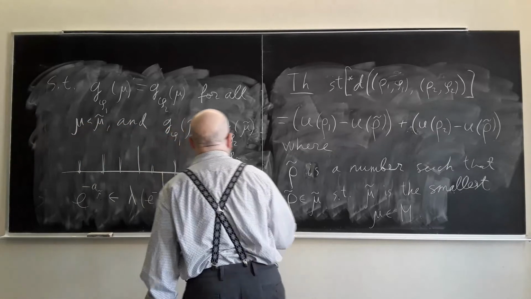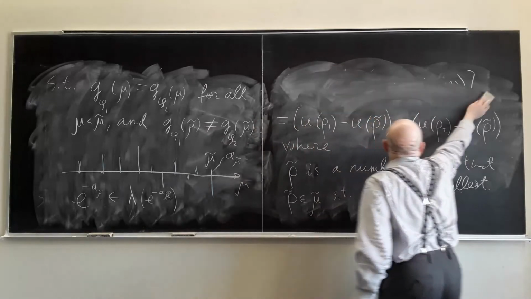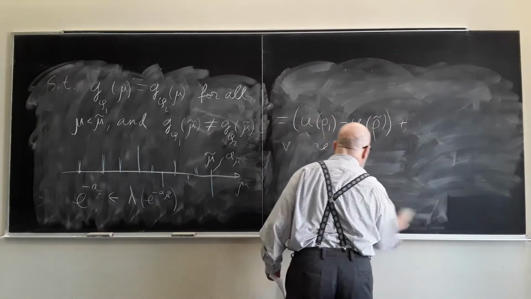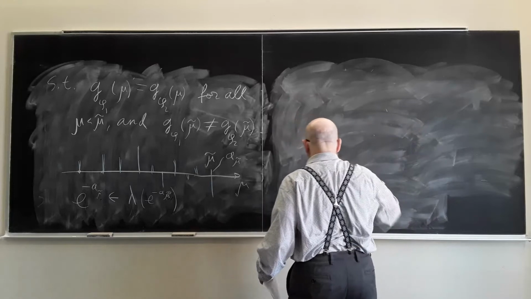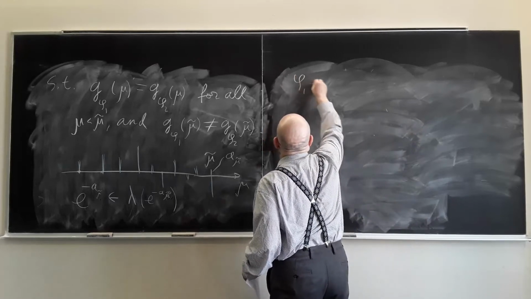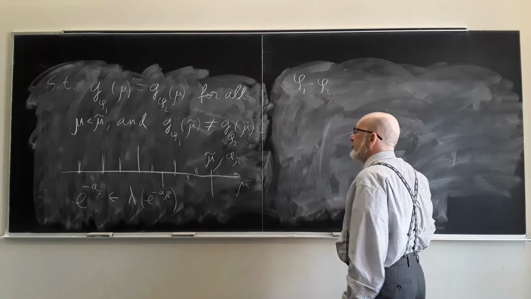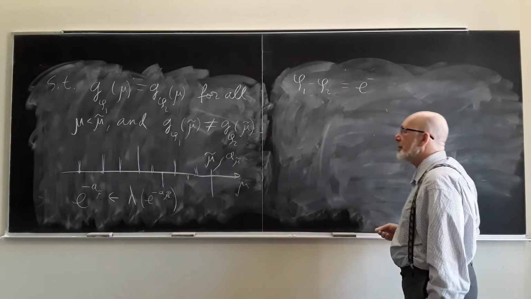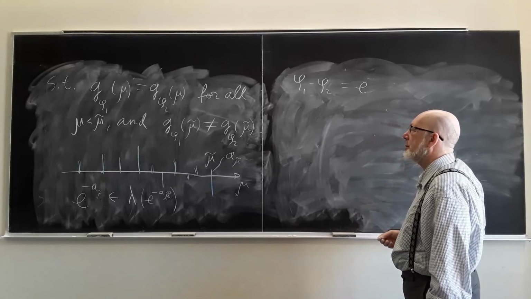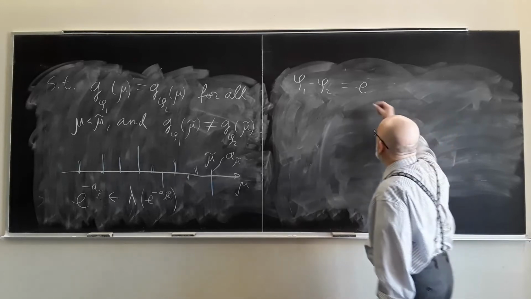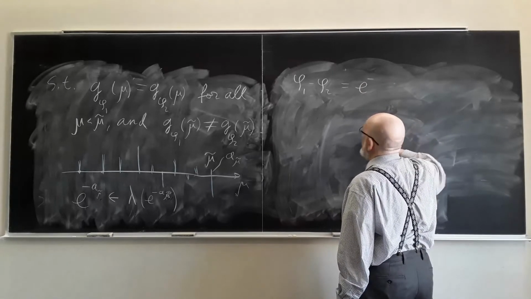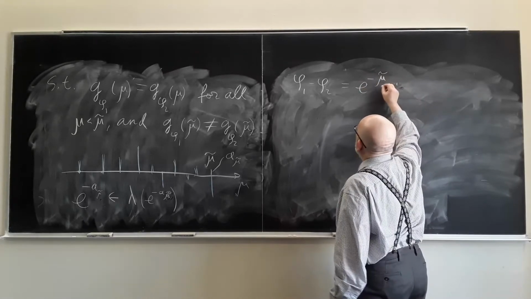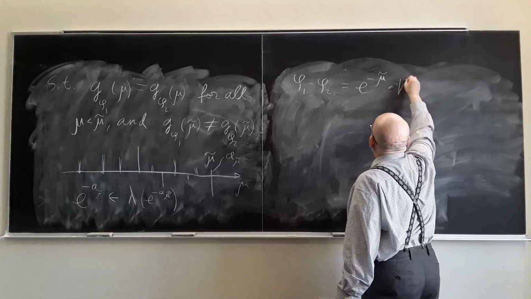And so this means that phi1 minus phi2 equals e to the minus something, times some bounded k.